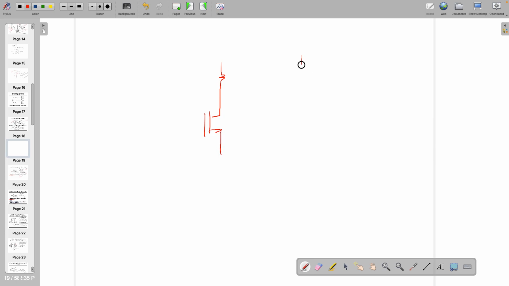Okay, so let's list down the real problem. One problem is known to us. So this is V in and this is V in minus. If I do this, can you comment on the current flowing through both the networks?